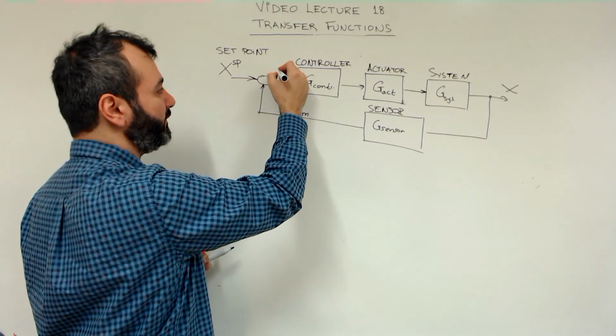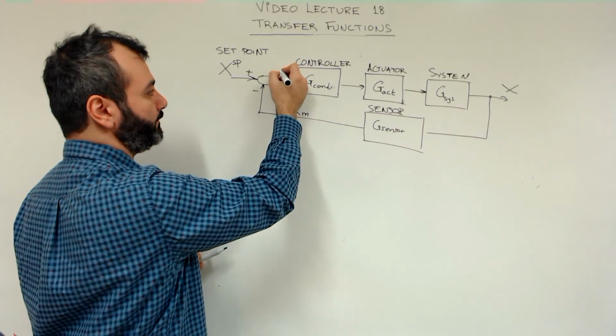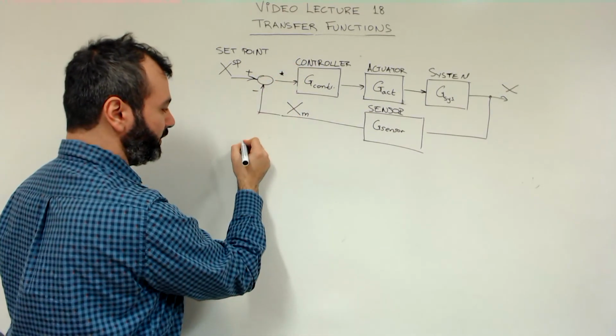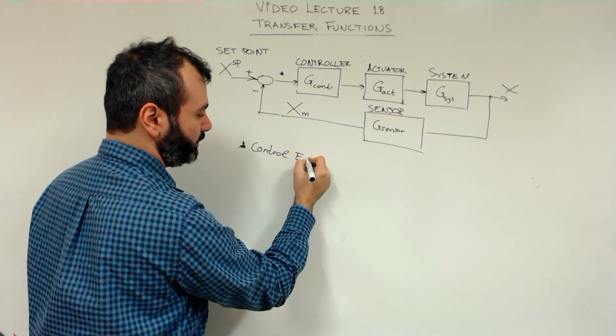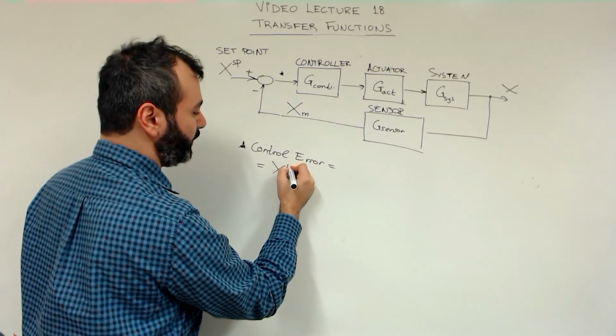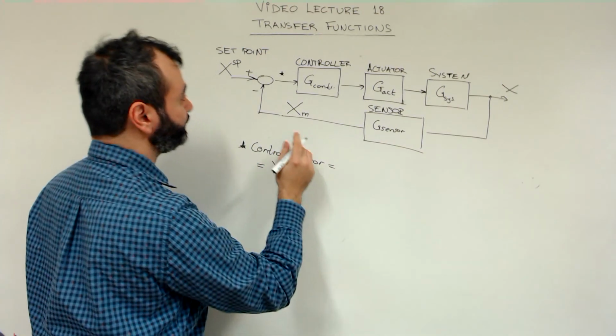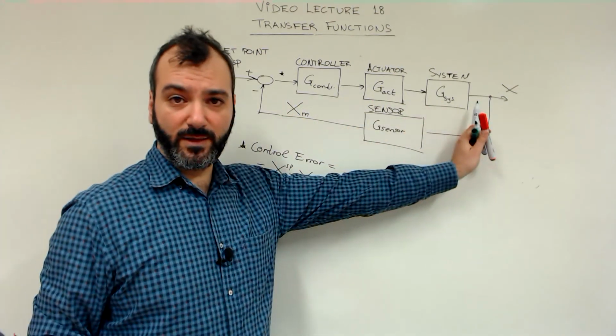So here we have the control error, plus minus. So at that point we have the control error, which is equal to x set point minus x measured. And this is a feedback loop.